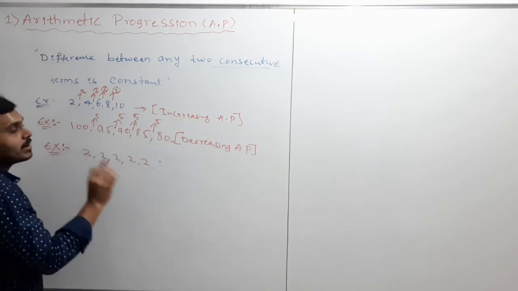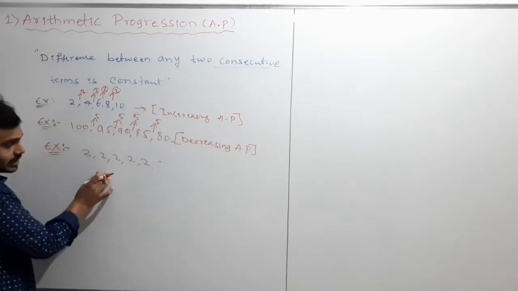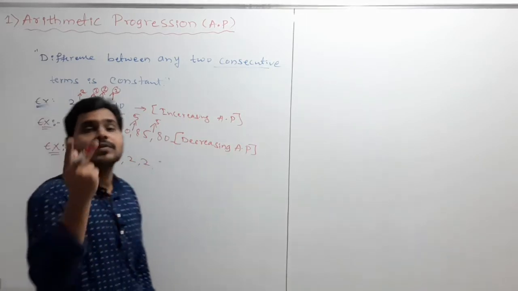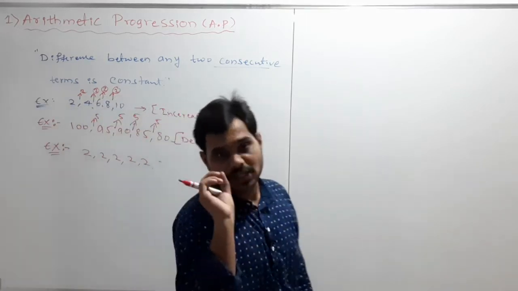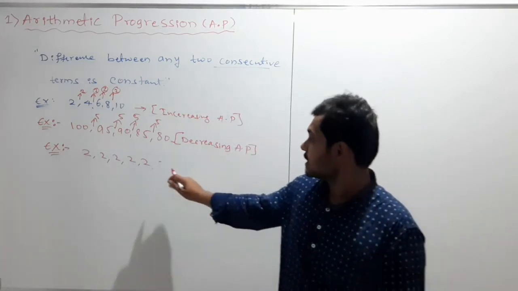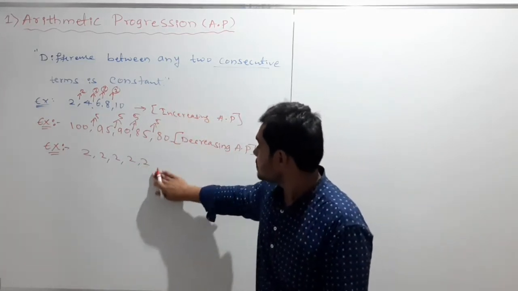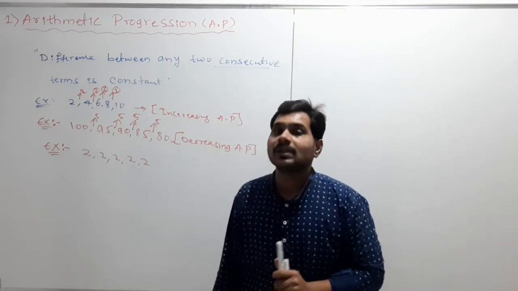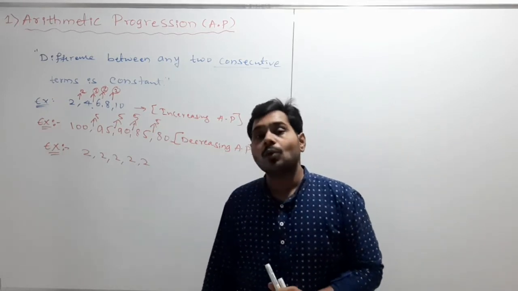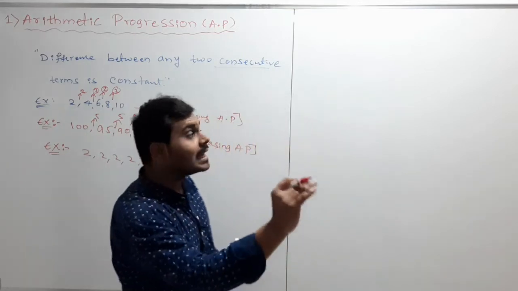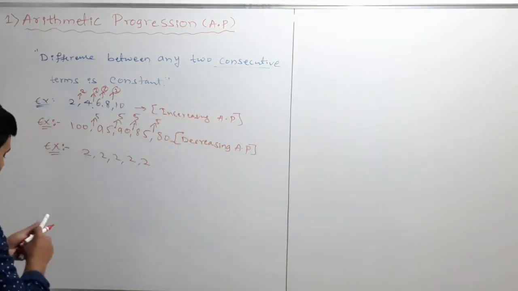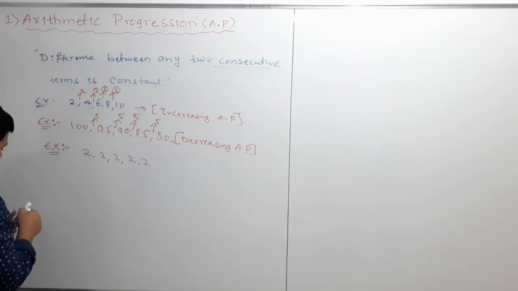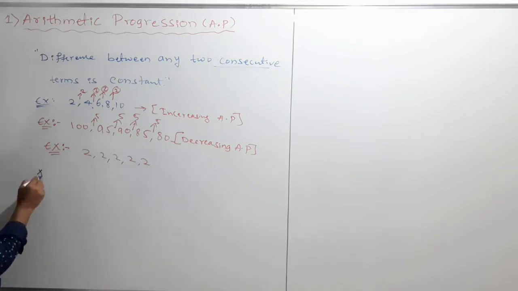The common difference between any two consecutive terms is constant. So this is also an example for arithmetic progression. Am I clear? Now we will write what is the nth term of this arithmetic progression. So next we'll discuss what is the nth term.